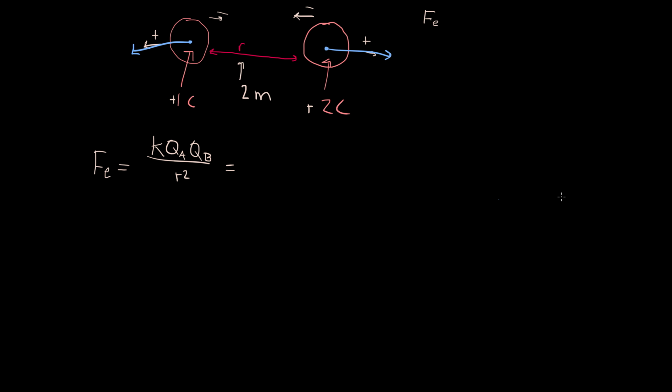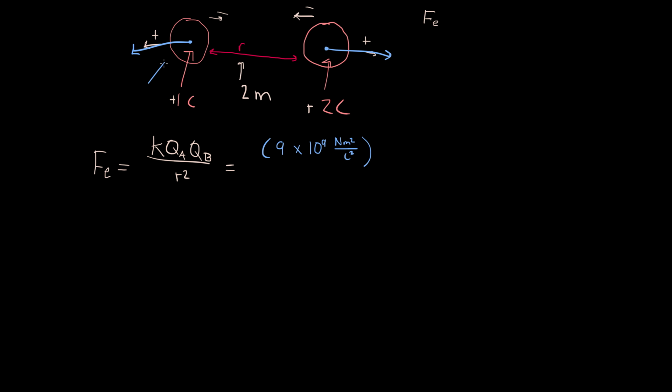And so we know that these two charged particles are going to move away from each other because opposites attract, like charges repel. And so then if we plug this in, we're getting K, which is 9 times 10 to the 9th. And we should always include our units, Newton meters squared over Coulomb squared. Then we have QA.